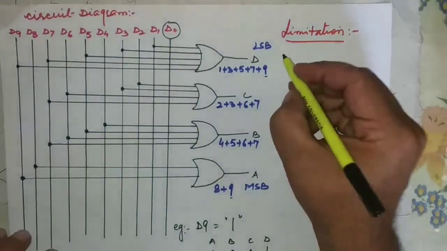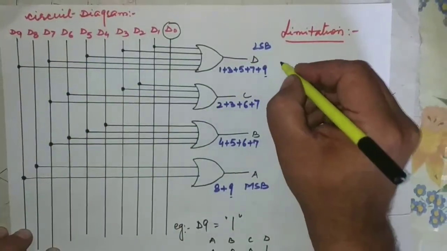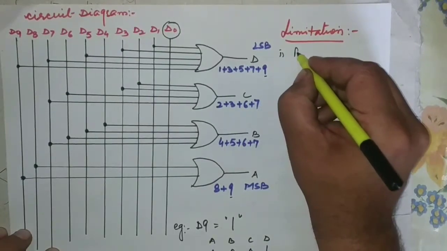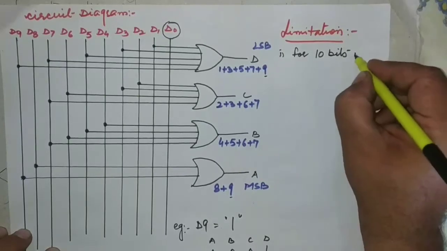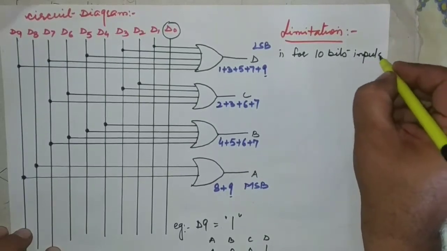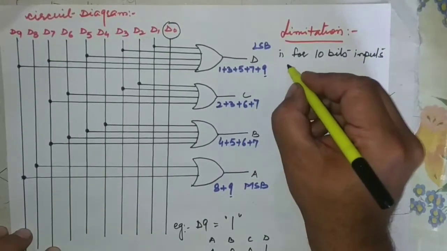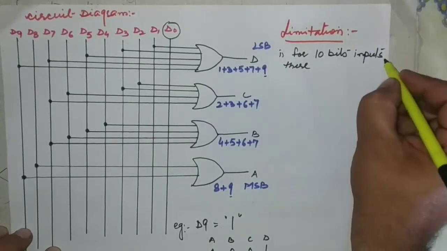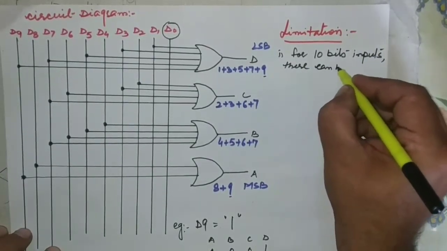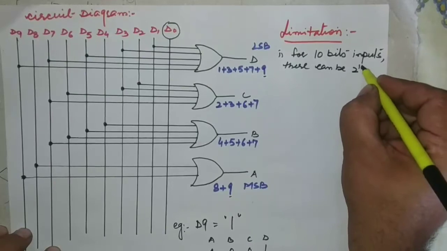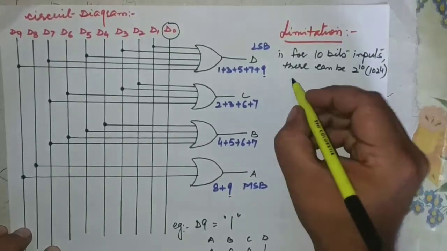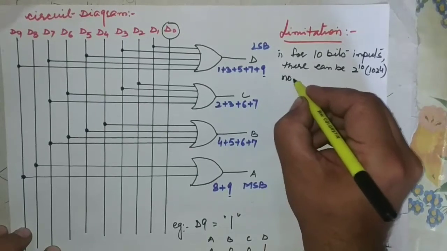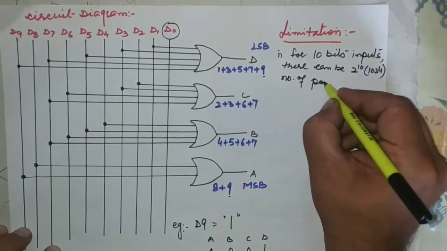The first thing is that we have 10 inputs, so we can say that for 10-bit inputs, we know that there can be 2 raised to power 10, meaning 1024 possible combinations.